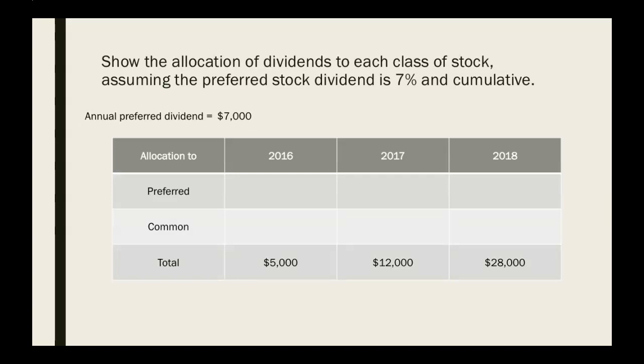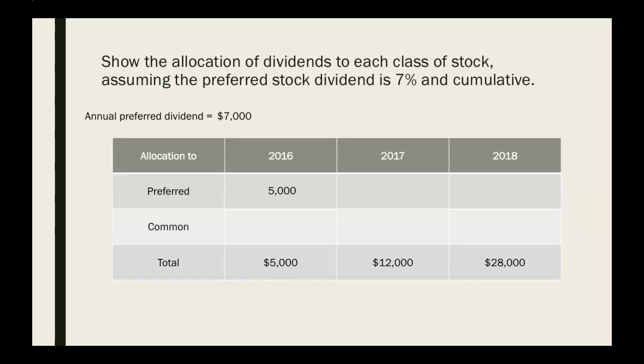So we'll remember that as we move on into allocating our dividends now. So we'll start with 2016. Down along the bottom of this chart, you'll see the total amount of dividends for each year. In 2016, we declared $5,000 worth of dividends. That's a bit of a problem, right? Because your preferred shareholders are supposed to get $7,000. So, preferred shareholders will get all $5,000 that we were supposed to pay out in 2016.